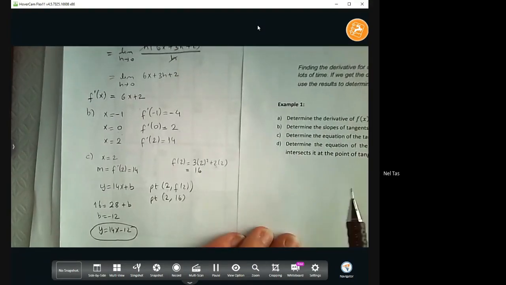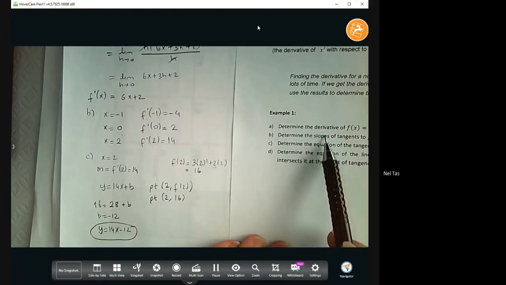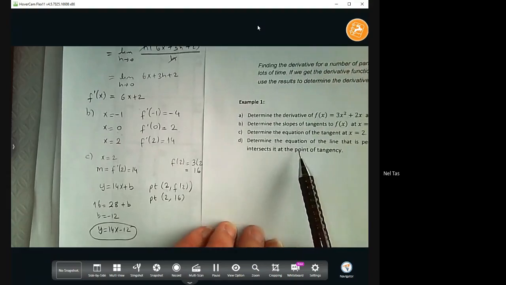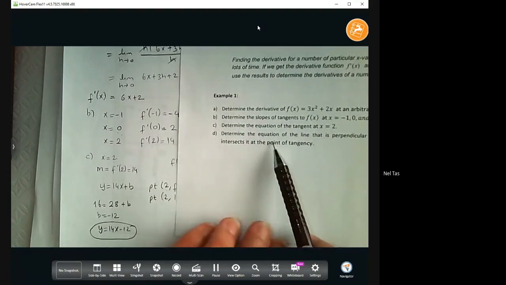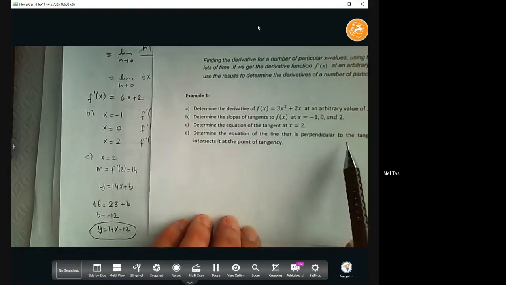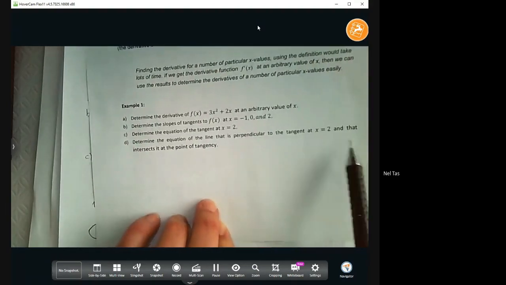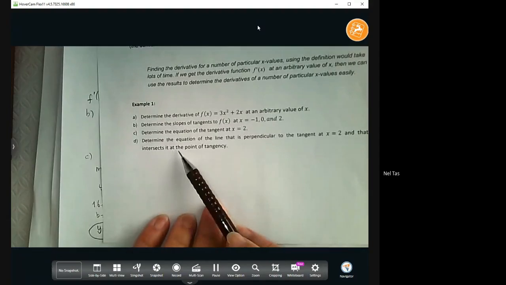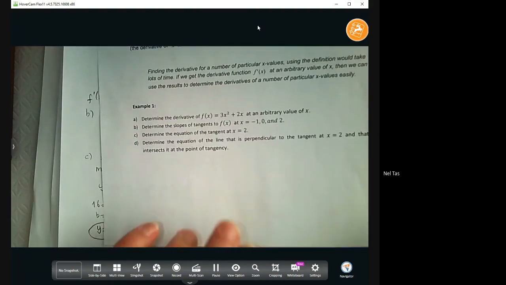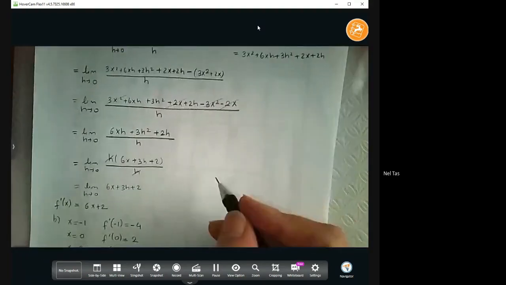Now, the next question is asking you to determine the equation of the line that is perpendicular to the tangent at x equals 2 and that intersects it at the point of tangency. Let's try to figure this out to see what the question is really asking.